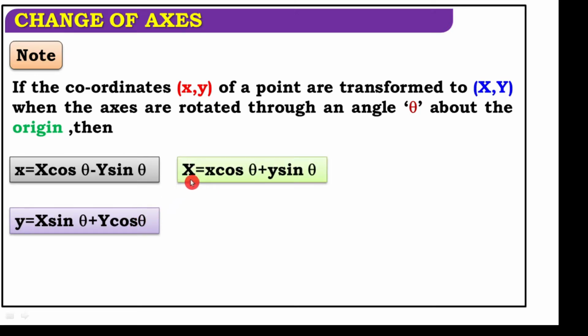Also capital X equals x cos theta plus y sin theta, and capital Y equals minus x sin theta plus y cos theta. So we can represent small x, small y in terms of capital X, capital Y with the help of sin theta and cos theta, as well as capital X, capital Y in terms of small x, small y.